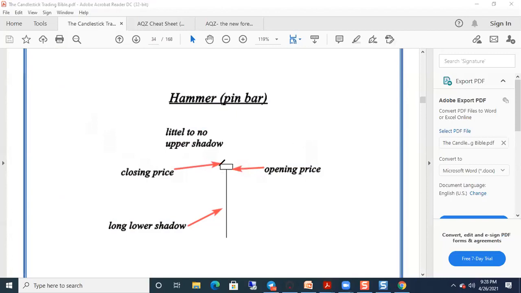When we look at pin bars, we don't care about the color of the body. This candlestick here is called the bullish pin bar, even if the color is bearish. Even if the coloration for the body is bearish, it will still be called a bullish pin bar.